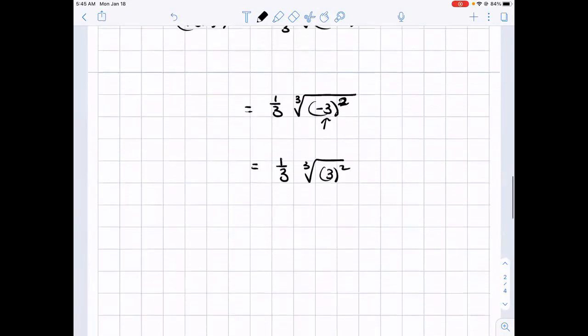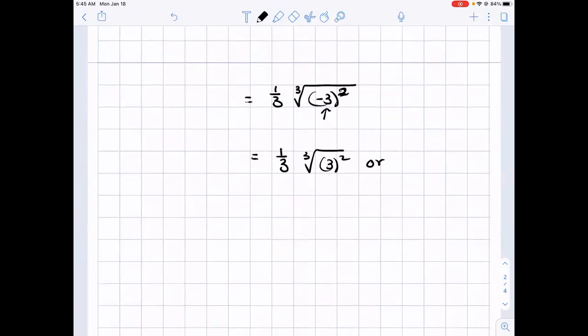Or in exponential form, it will be 1/3 times 3 to the 2/3 power.